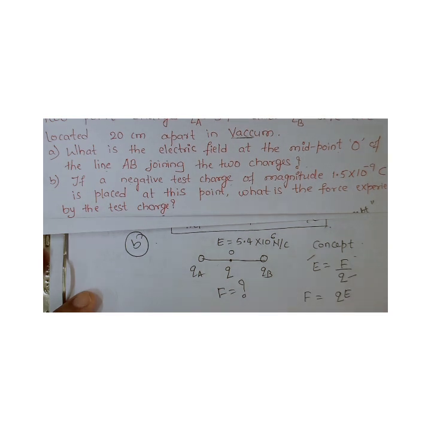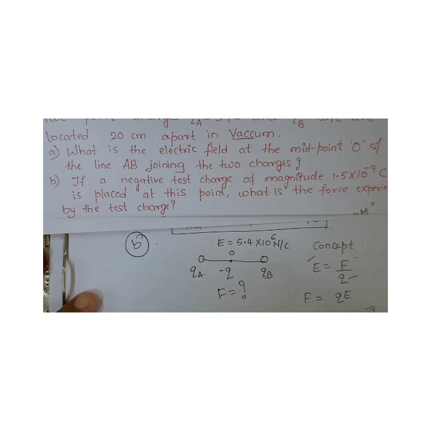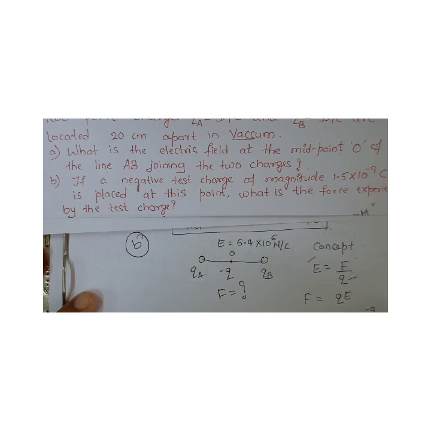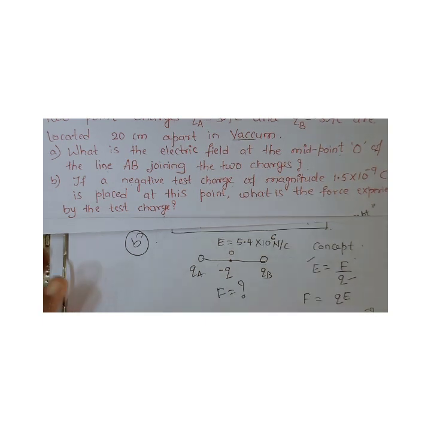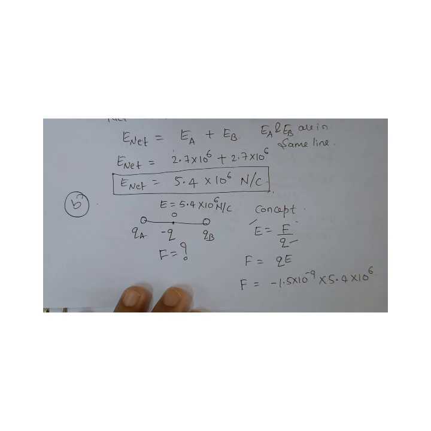Okay, then F is equal to the test charge, which is a negative test charge, so I have to take care of the minus: minus 1.5 into 10 raised to minus 9 into E. E is 5.4 into 10 raised to 6. That's very simple now.